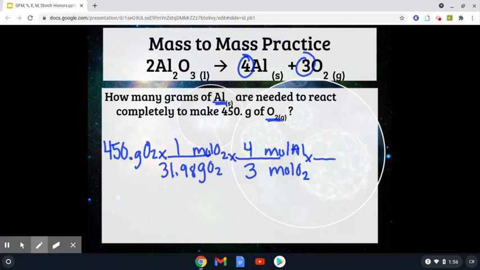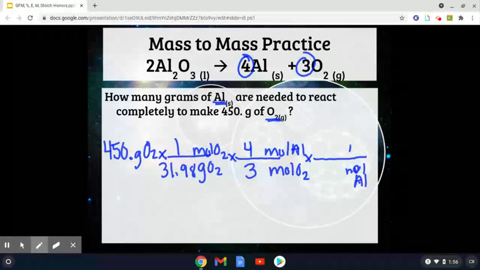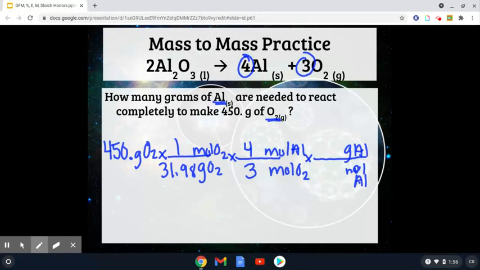And then I want to get to the grams of aluminum. So I'm going to have moles of aluminum on the bottom, grams of aluminum on the top. Aluminum's gram formula mass is 26.98. 1 mole of aluminum, and then I would solve. So 450 times 1 times 4 times 26.98 is 48,564.